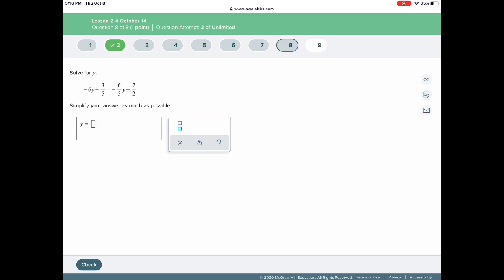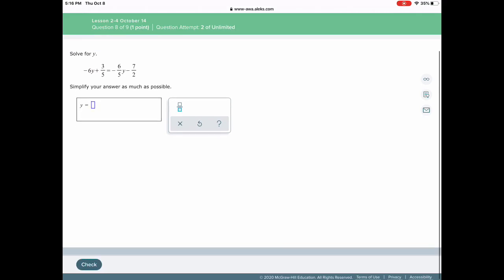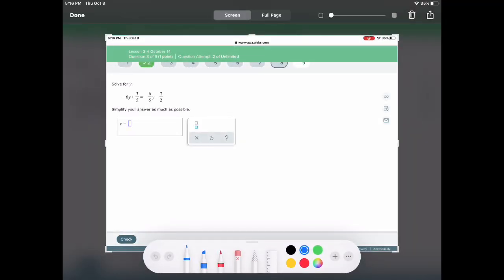So looking at the 5 and the 2, I am going to multiply everything by 10 as a common denominator. And so if I multiply negative 6y times 10, I get negative 60y plus 3/5 times 10 is 6, equals negative 6/5 times 10, negative 12y.